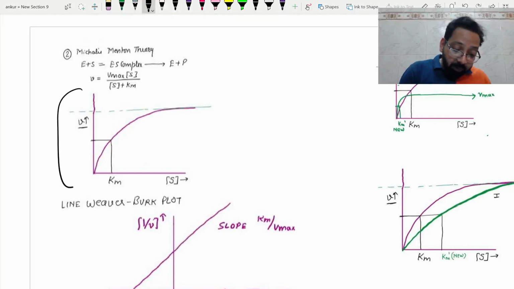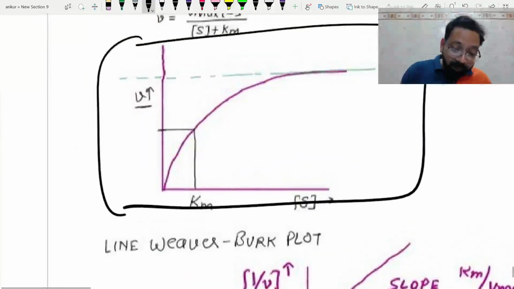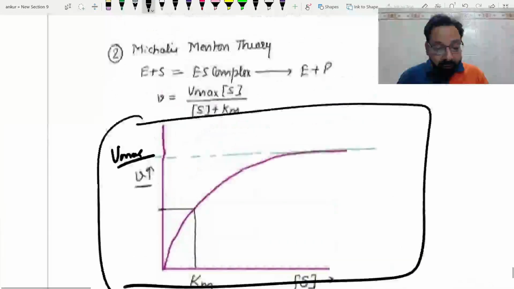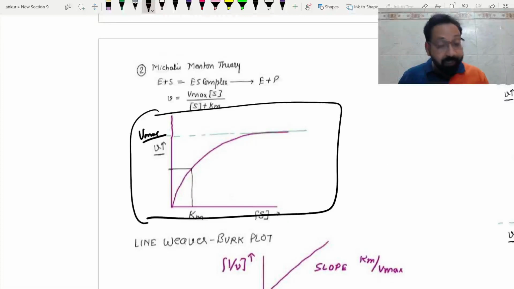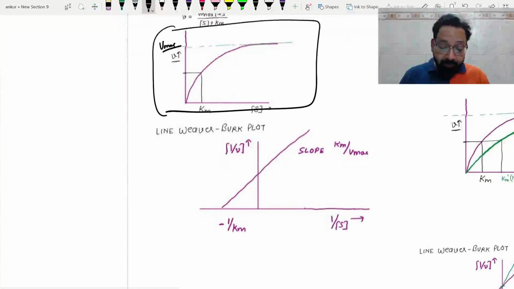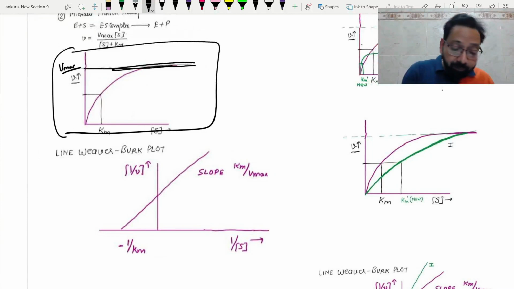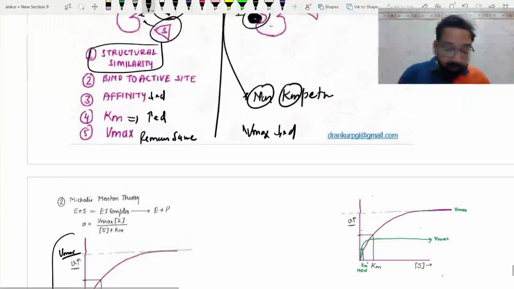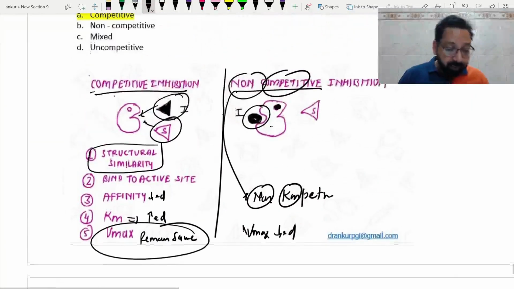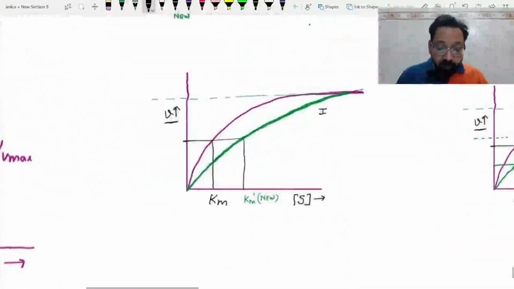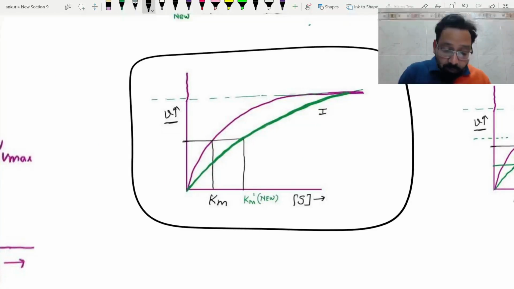Now this is the Michaelis-Menten theory and curve. In this you will find this is V max. If you want to solve the question on this graph, two times recently the question has been asked, and before that, five, six years back, the same question was asked in AIIMS. If V maximum is not changed, V maximum remains same, that is competitive inhibition. So if they give a graph, you will say this is V max, V max is same.